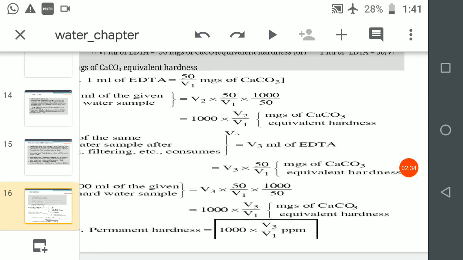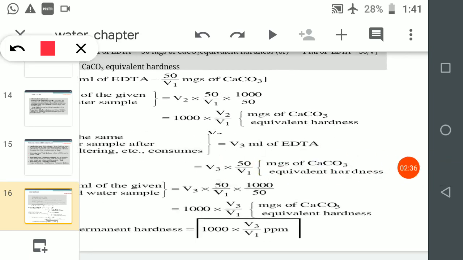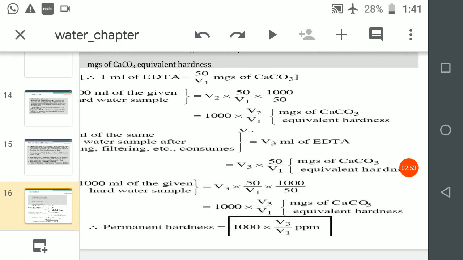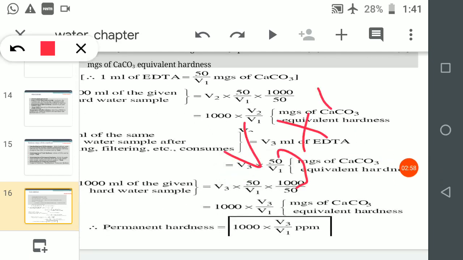When boiled water consumes V3 ml of EDTA solution, and 1 ml of EDTA solution contains 50 upon V1 milligram of calcium carbonate, so 50 ml of boiled water contains V3 into 50 upon V1.